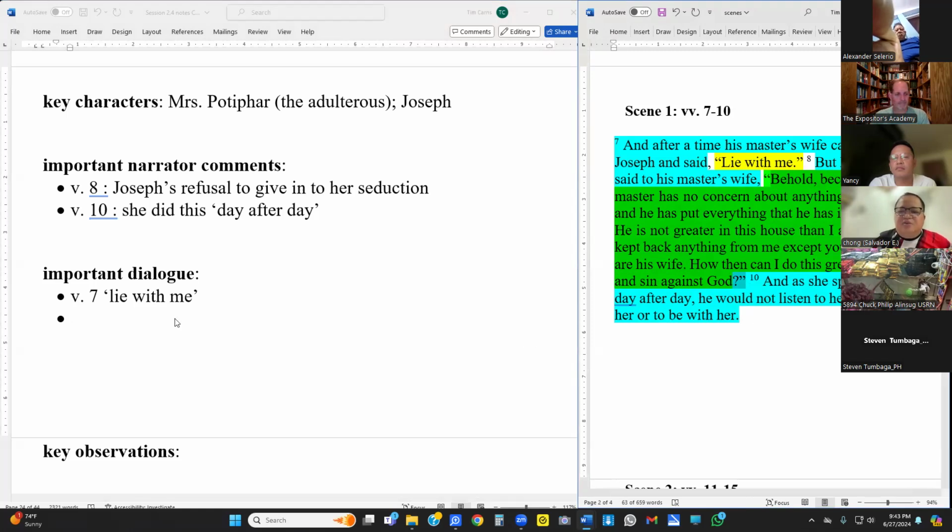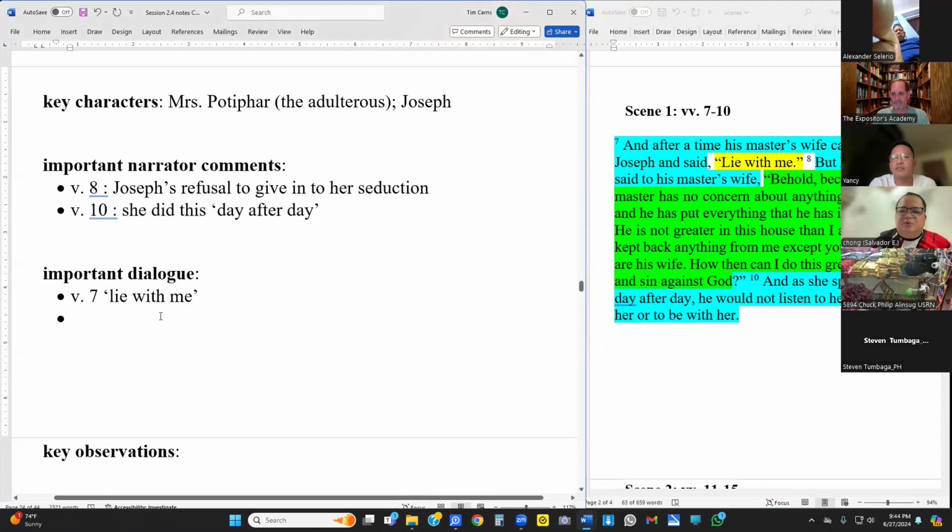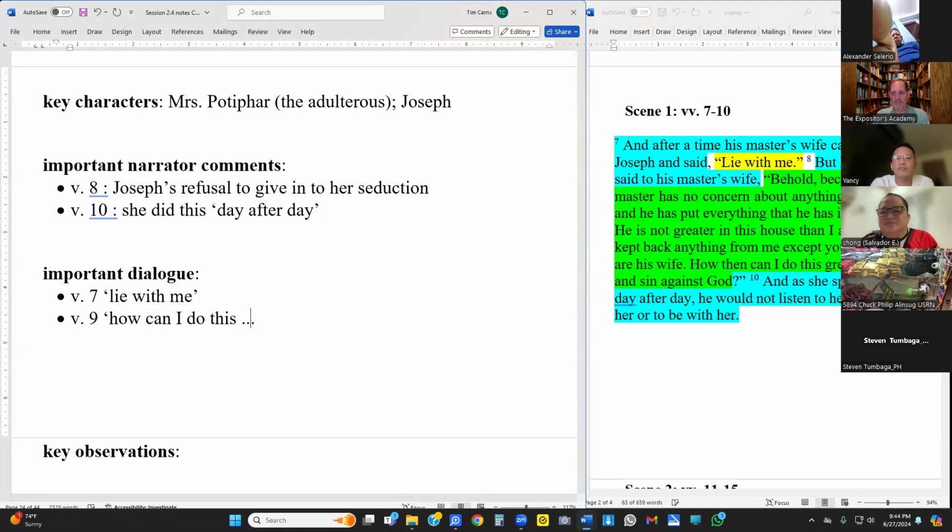How then can I do this great wickedness and sin against God? Yeah, it's a good summary, right? How can I do this? And notice he says, and sin against God. So he doesn't just say that it would be wrong against my master, but this would be a sin against God as well.